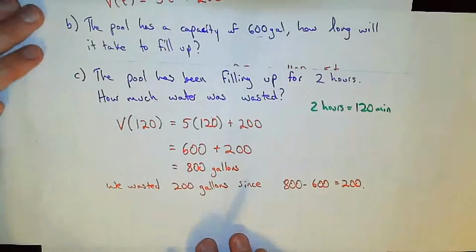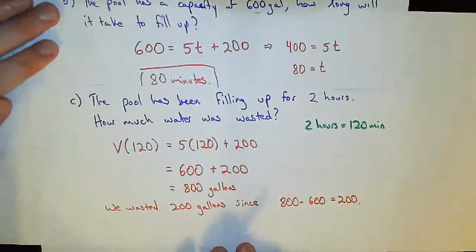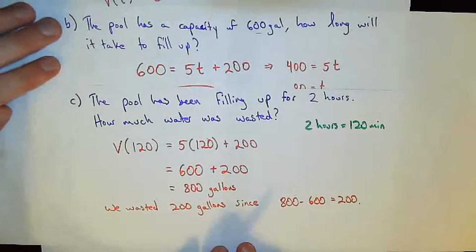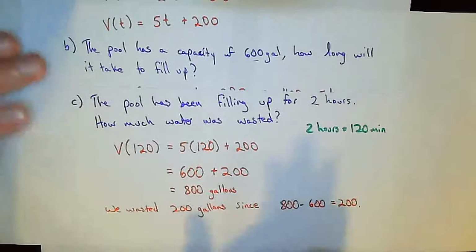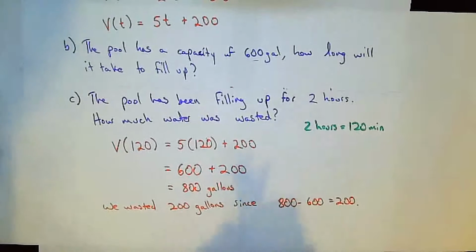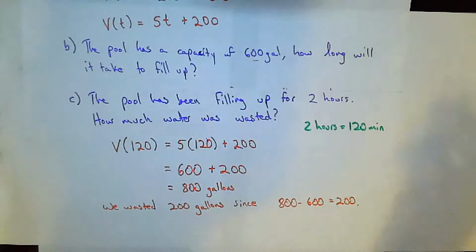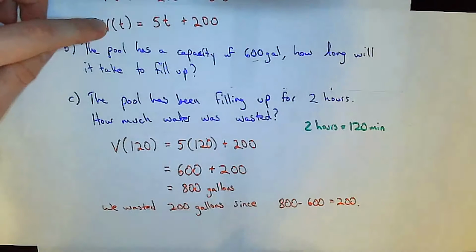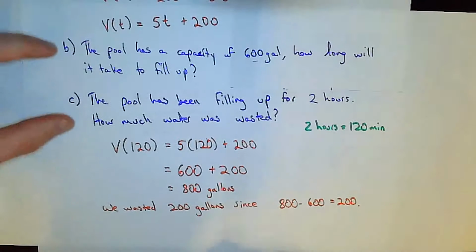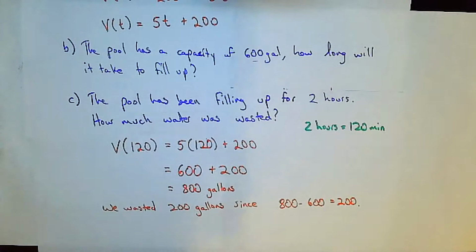So it only takes 80 minutes to fill up, but we accidentally left it on for an extra 40 minutes, which gave us an extra 200 gallons that are just excess, leaking out of the pool into the ground or overflowing, right? So that's an example of how you can take a real world situation, build a linear function out of it, and then answer questions about it.